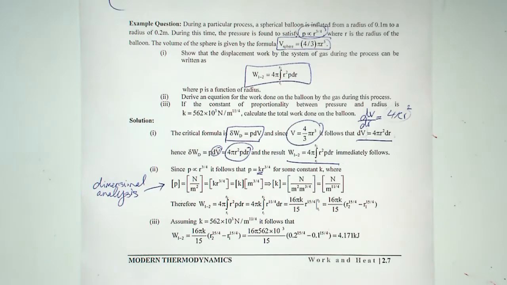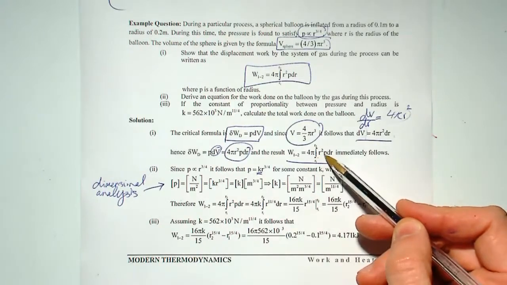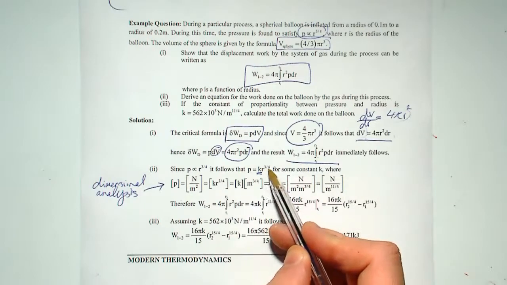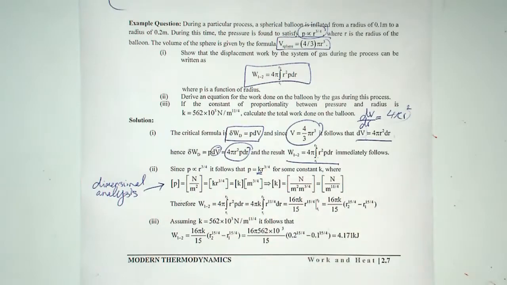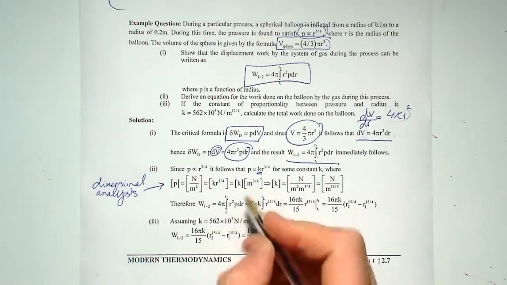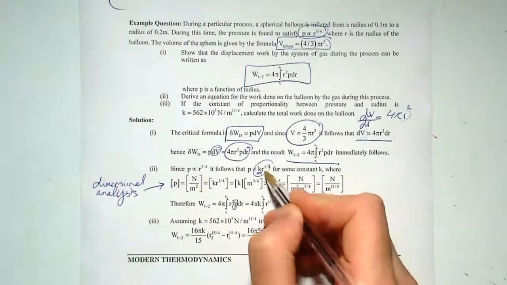So the next part, I need to come back to this equation now, and I need to replace P with K R to the power of 3 over 4. That's what I've done here.